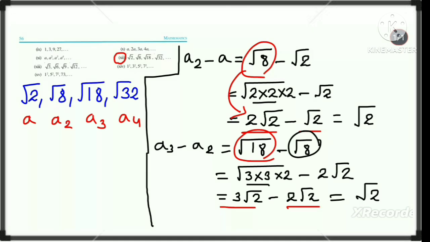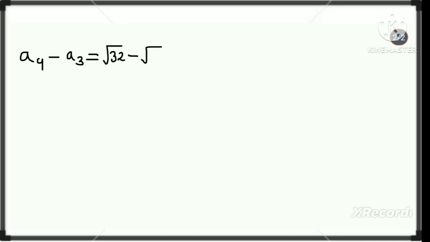Again, we need to find difference between a4 and a3. Okay, let's find at new page. Difference between a4 and a3. a4 equals root over 32 minus a3 equals root over 18.